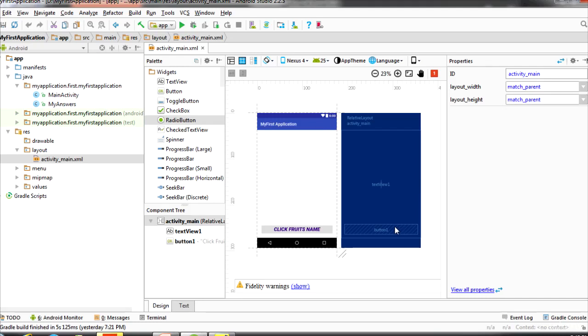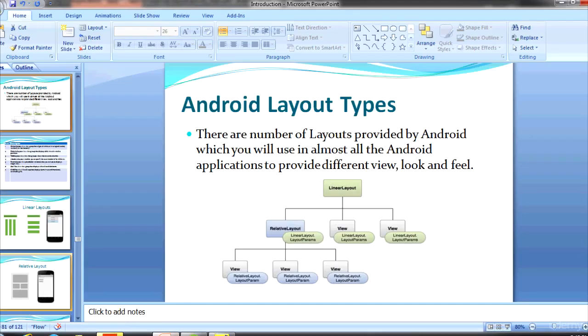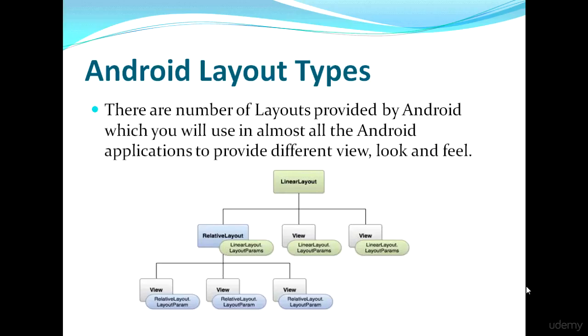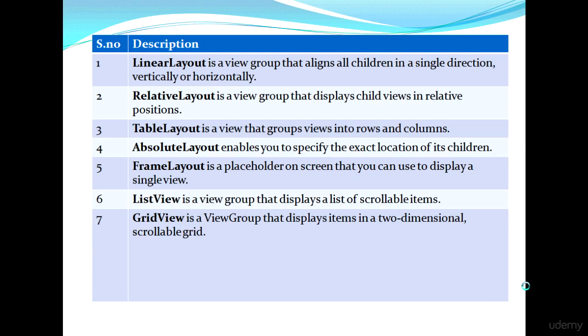Now first we'll see what different kinds of layouts are available for Android app development. These are the different layouts which we will be discussing in our coming sections. But to give you a one-liner for each layout before we go into detail: what is a linear layout? In very layman language, a linear layout is a view group that aligns all children in a single direction, vertically or horizontally.